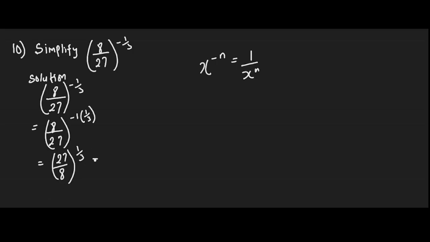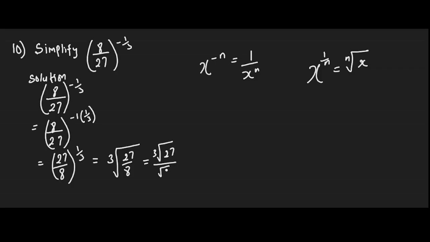Then from this rule we have s raised to power 1 over n, which is going to be the nth root of x. So we are going to have the cube root of 27 over 8, which is the same thing as cube root of 27 over cube root of 8. Here, cube root of 27 is 3, while cube root of 8 is 2. Here we have 3 over 2.